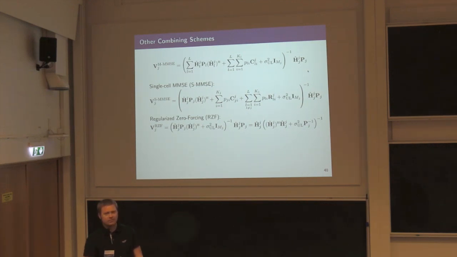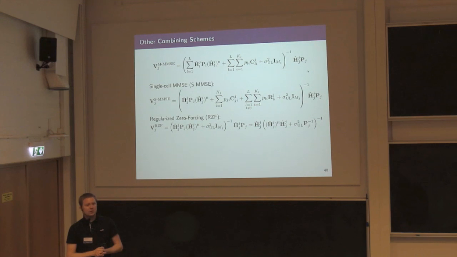Question? What's the performance metric that is minimized by this one? I don't know if there is any particular performance metric. I chose this. So, I mean, this has been around in the literature for many, many years.